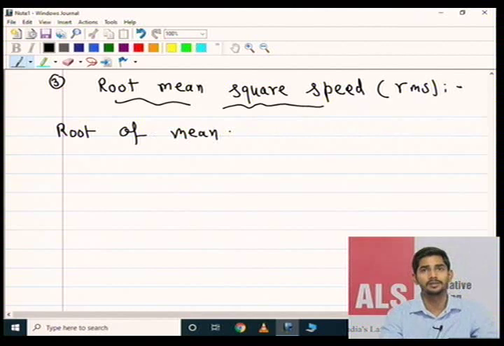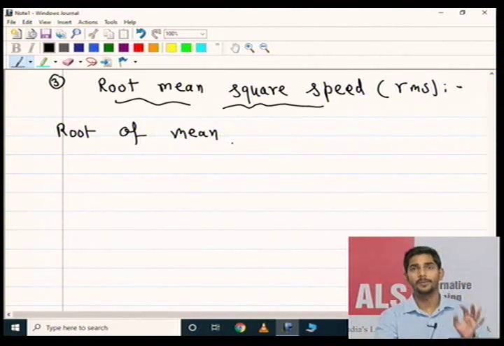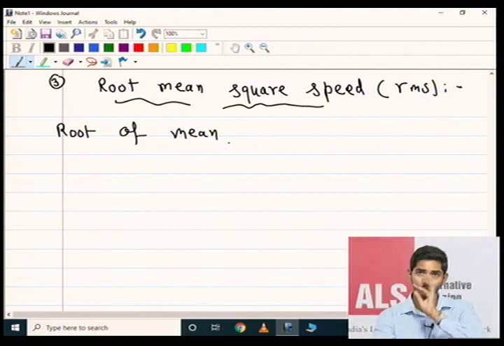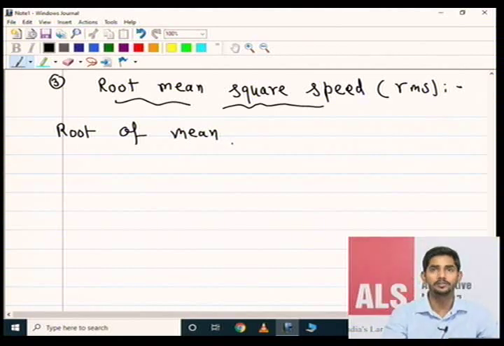Just write this definition. Remember the funda that this one has the highest speed. Root mean square is the highest speed, then average will be lower than this one, and most probable will have the slowest speed. That's the concept you have to remember.